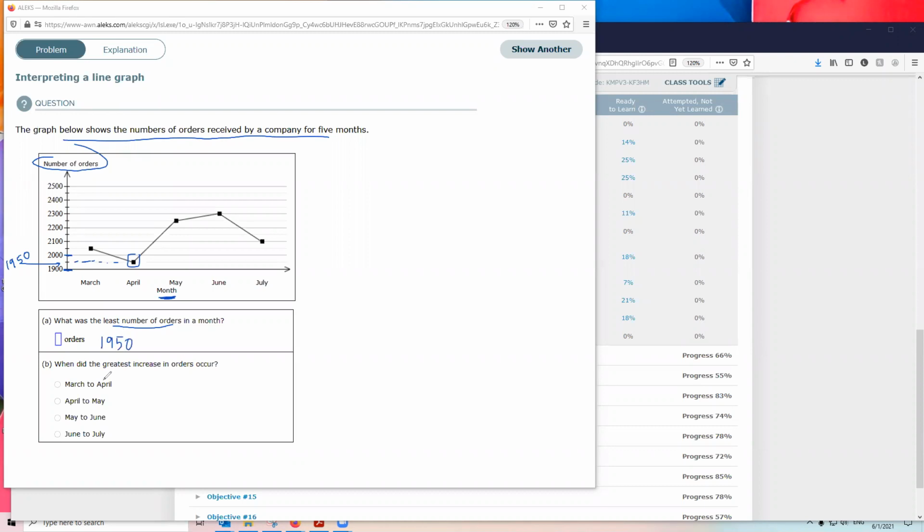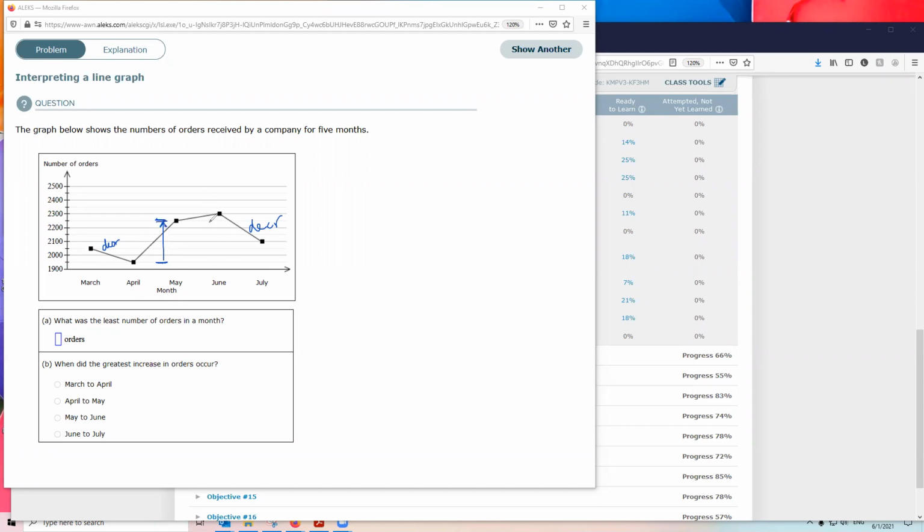All right, now second question. When did the greatest increase occur? I have to look and see where on this graph was the greatest jump or increase. Well, this part is a decrease, so of course I'm going to ignore that. This part is a decrease. I'm going to ignore that. Here's the increase from here to here.